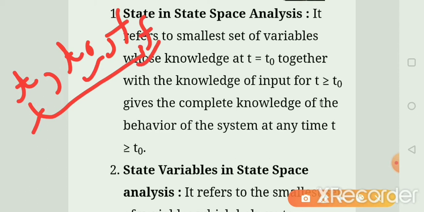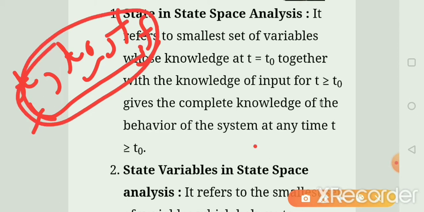So state is the set of variables. It defines how the system is going to behave for any time. We conclude how the system behaves for any time t, t0 and tf.